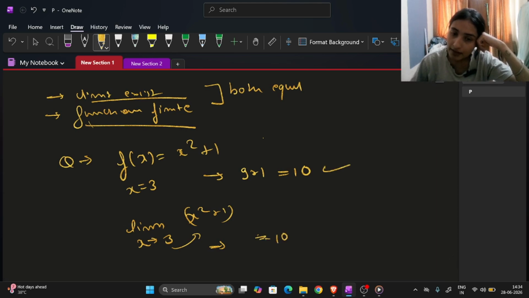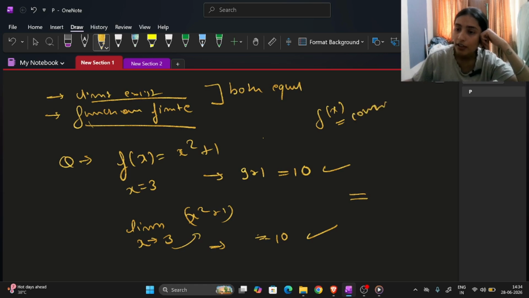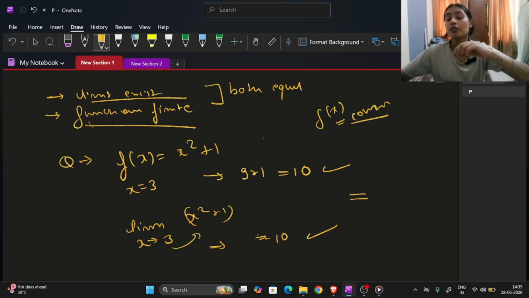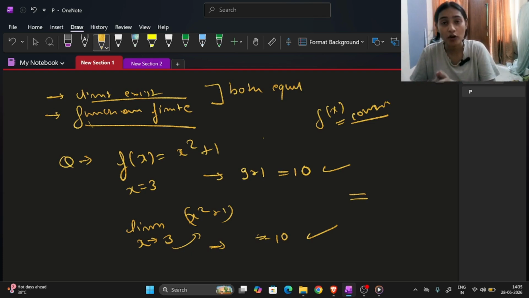If the function value and limit value are equal, then the function is continuous. Why continuity is very important: when we learn the derivative, which defines the rate of change of a function, finding the continuity of the function is very important.